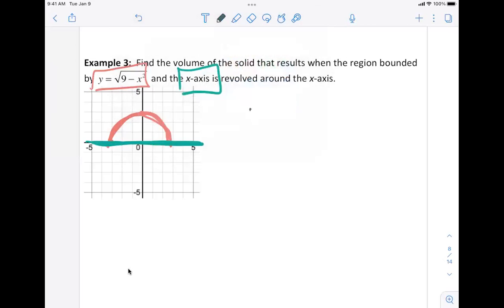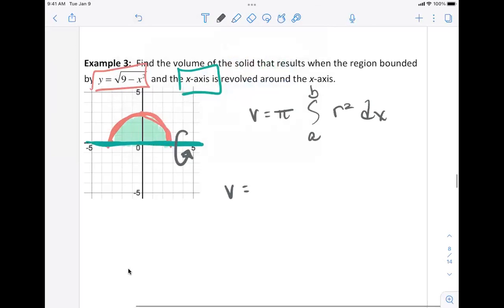So my volume, still pi from A to B, radius squared dx. The area that's being rotated is this one. We're going to rotate here. So I know we could set them equal to each other and do all that stuff, but I'm going to go on the fact that if I put a 3 in here, 3 squared is 9, 9 minus 9 is 0. I know that this is the point of start.